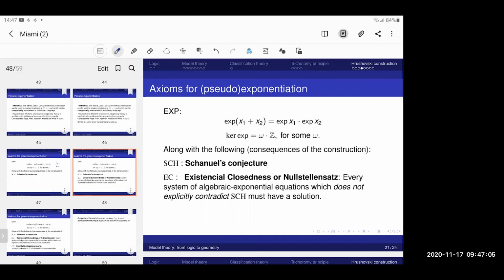This can be stated in very precise terms, but it would take a couple of slides with some technicalities. Roughly speaking, what it says is that if you have some polynomial exponential equations, and you can check in a certain algebraic way that they do not contradict Schanuel's conjecture or the Hrushovski inequality, then this must have a solution.